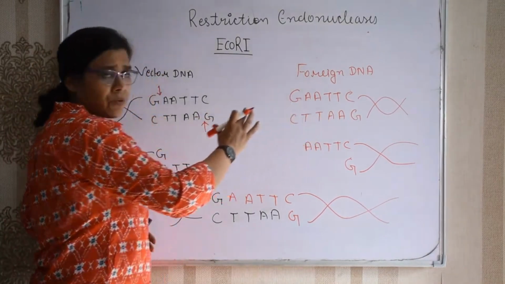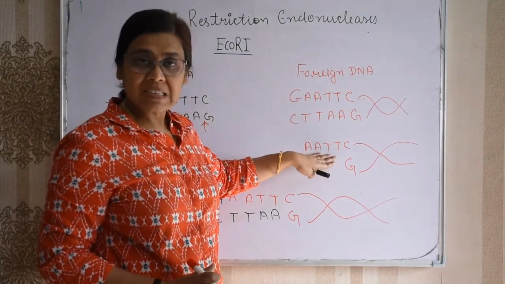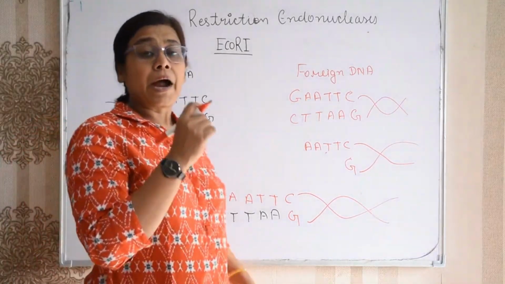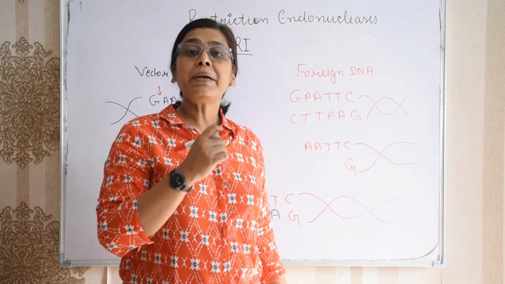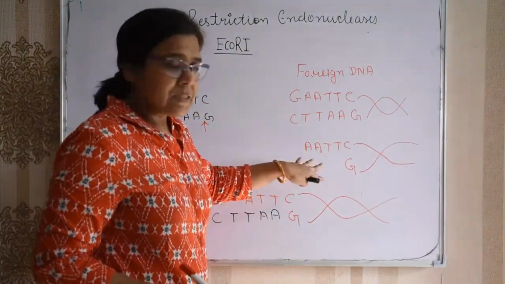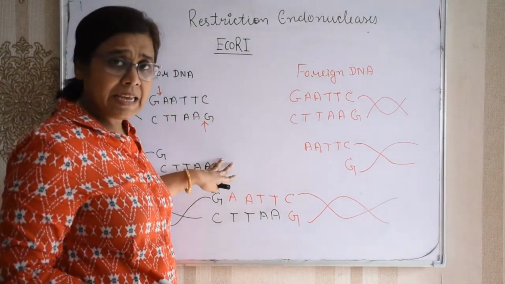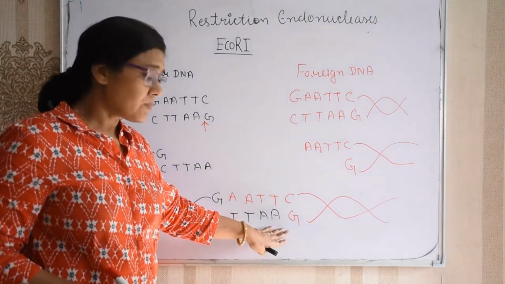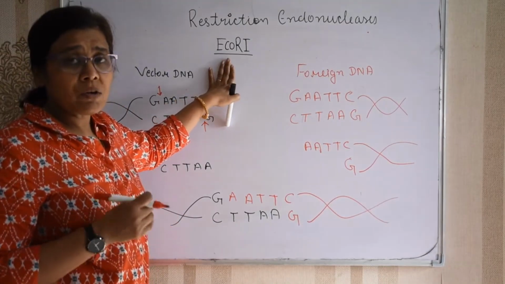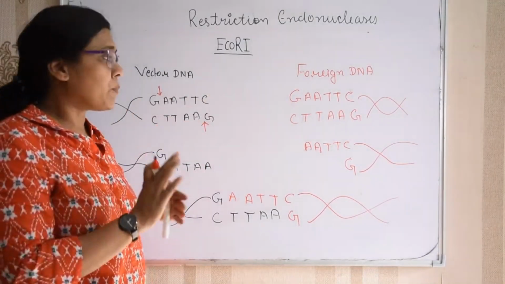The same enzyme works on the foreign DNA and it comes to possess this sticky end. Why is this called a sticky end? Because it forms hydrogen bonds with the complementary cut counterparts. That's why it is called a sticky end. These sticky ends initiate the action of DNA ligase. As a result of this, recombinant DNA is formed. So this was about the restriction enzyme which acts a little away from the palindromic site.